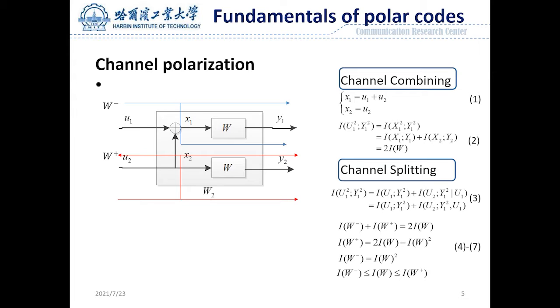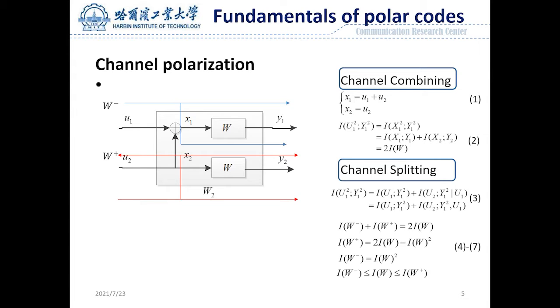The capacity of W- is the first term on the right side of equation 3. The input of W+ is U2, and the output is Y1, Y2, and U1. The capacity of W+ is the second term on the right side of equation 3.